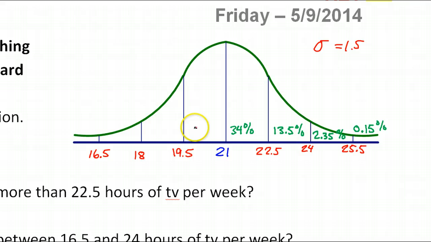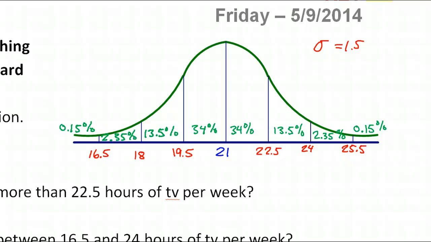And of course this is a mirror image, so it'll be the same thing. 34%, 13.5%, 2.35%, and 0.15%.